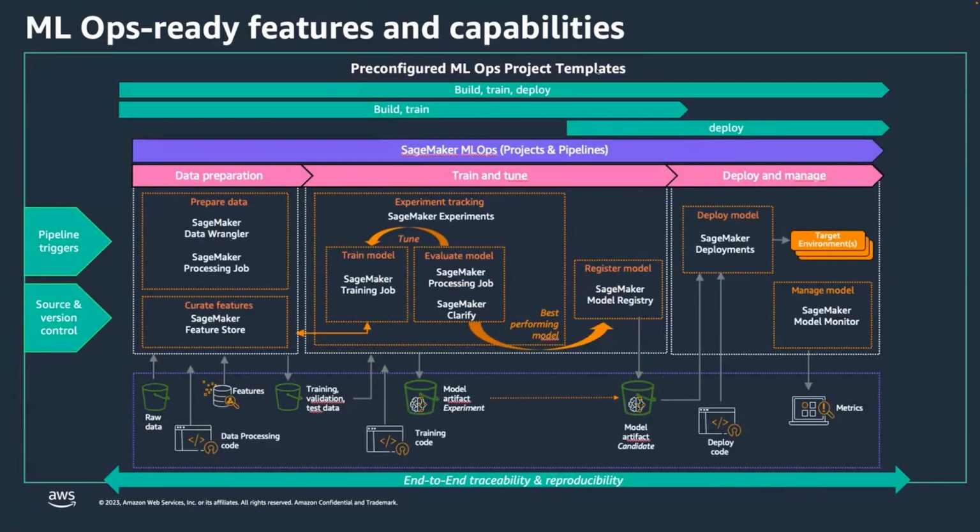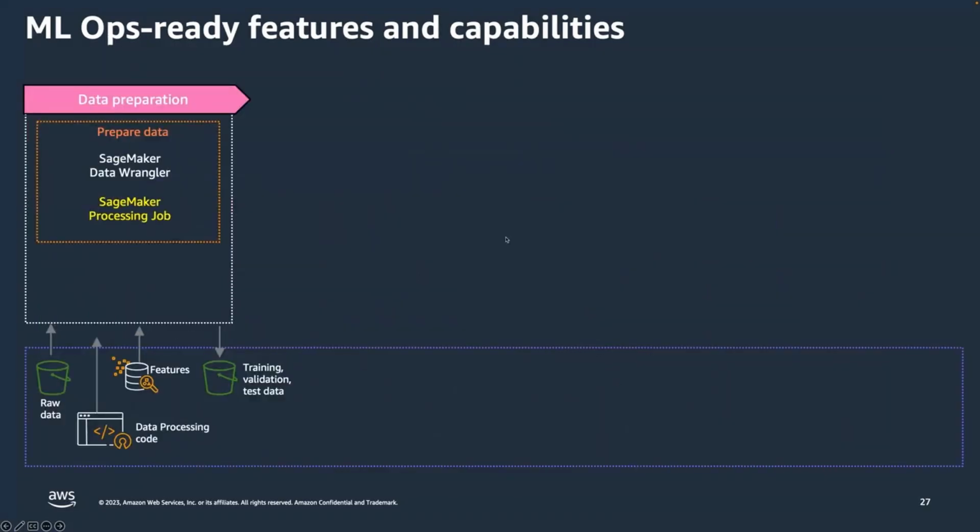So a key part of the MLOps-ready features is the ability to bring in automation triggers. And so from SageMaker Model Monitor, it can output metrics that can cause a pipeline trigger to come in to restart your pipeline for featurizing your data, training and tuning models, and registering those models.